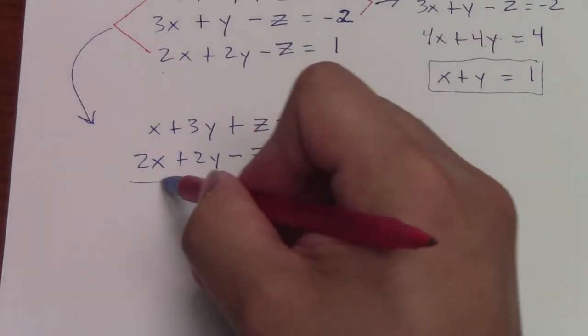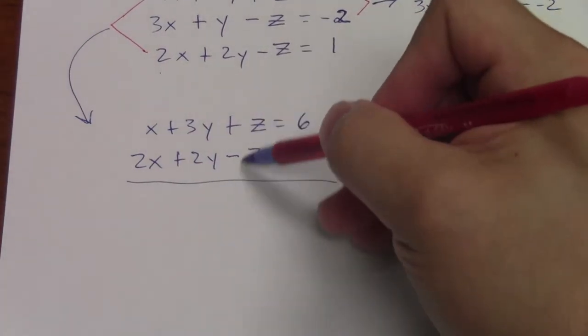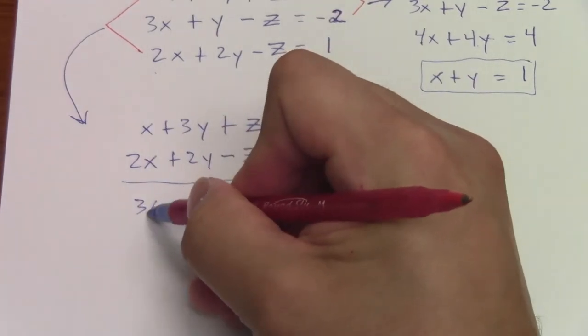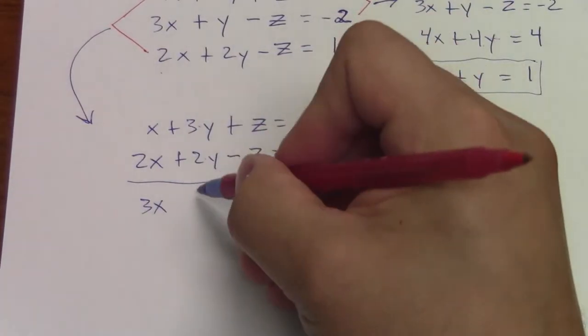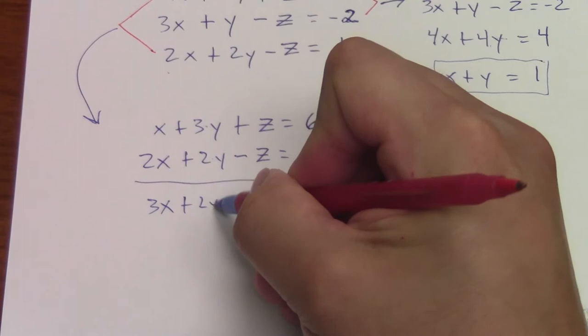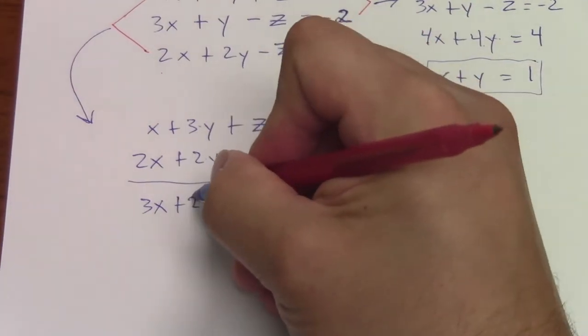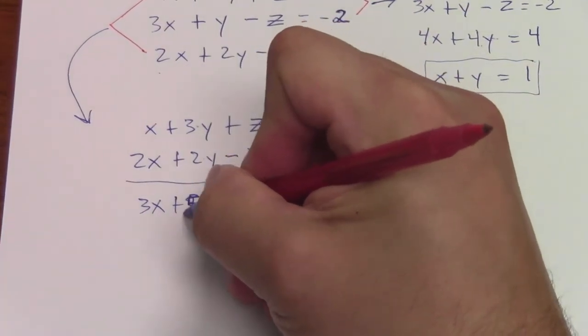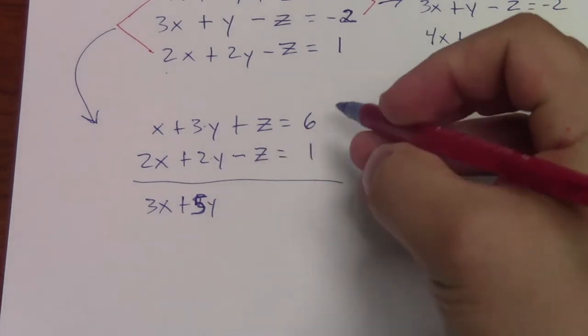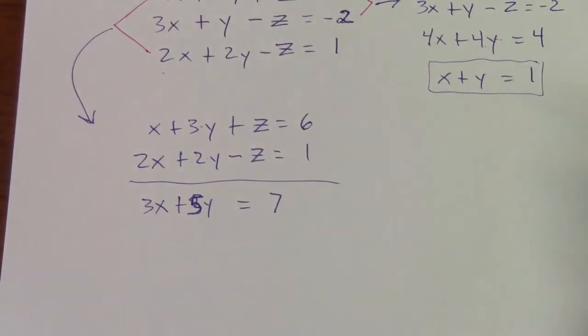And then I'll solve. Remember, those guys cancel. So here I got 3x. Here I've got 5y. Those cancel out, equals 7.